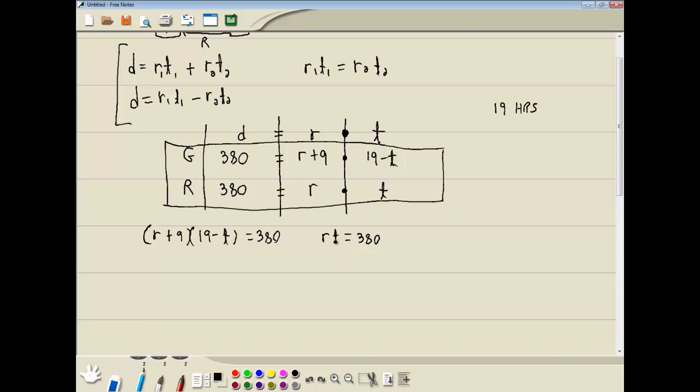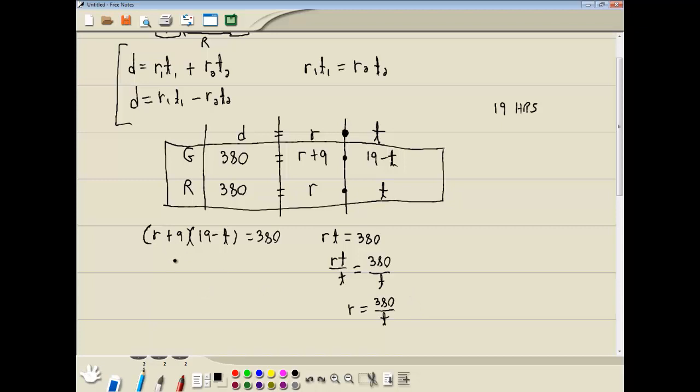Okay, so I'm going to solve for r, I guess. So in this case, I divide both sides by t. And we get r is equal to 380 over t.